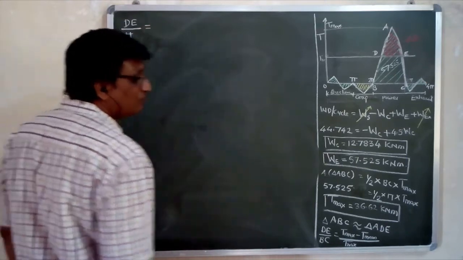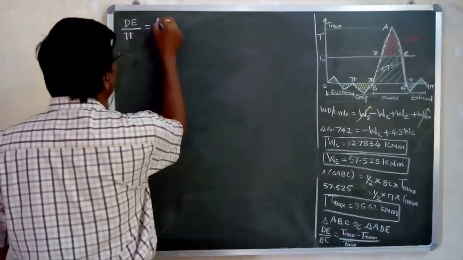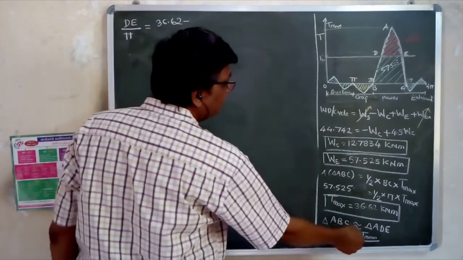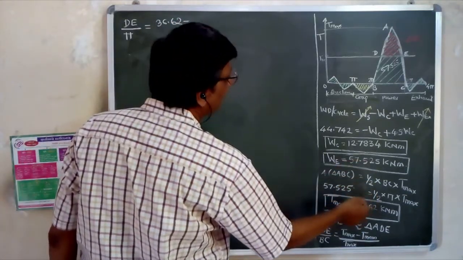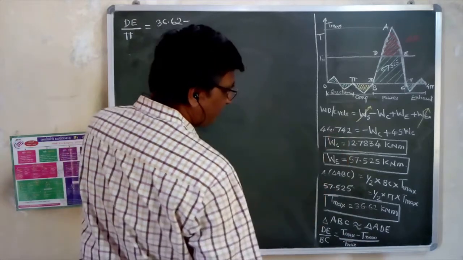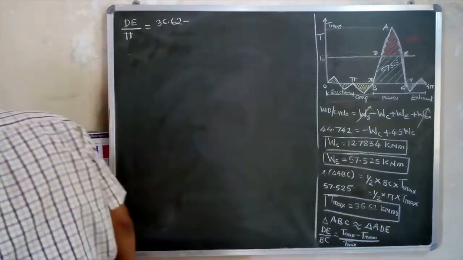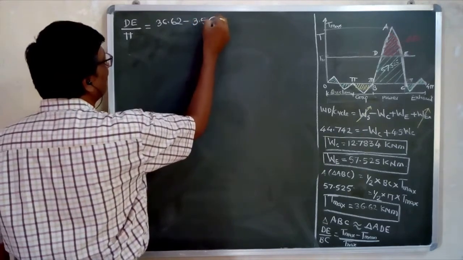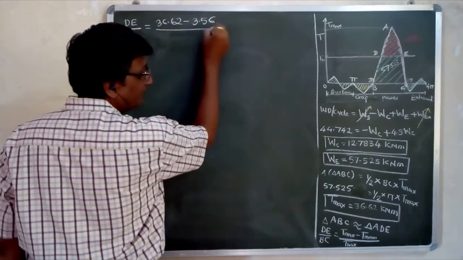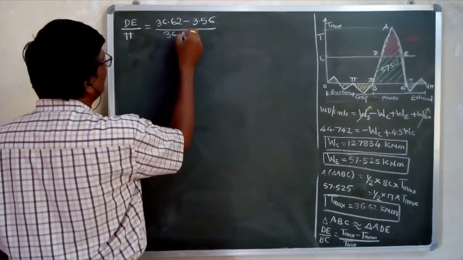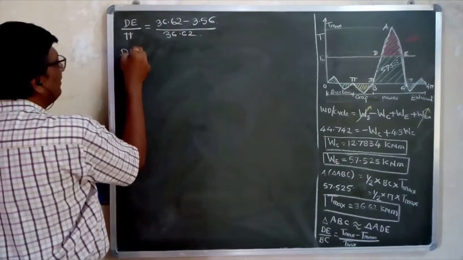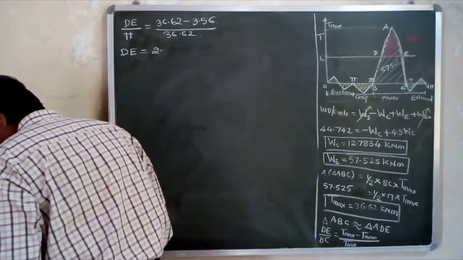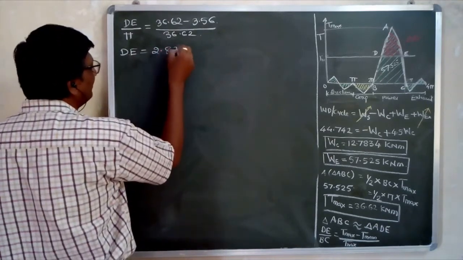That is equal to T max minus T min, that is 36.62 minus T min, which you have already calculated here. That was T min is 3.56. 3.56 divided by T max is 36.62. From here we'll get DE as 2.83. I think so, yes, 2.83.